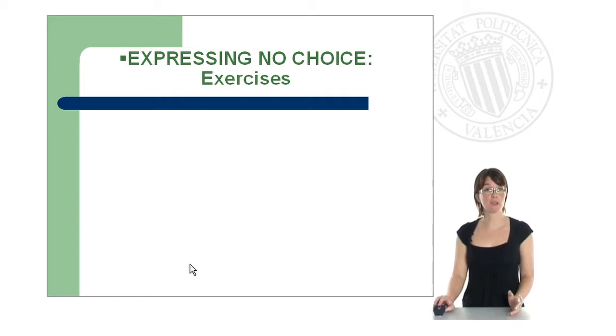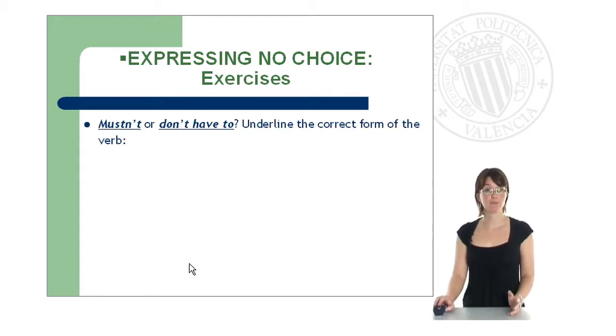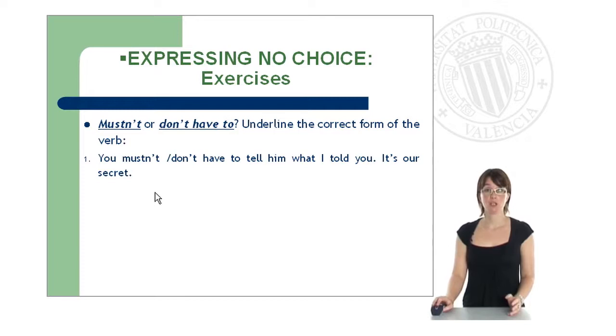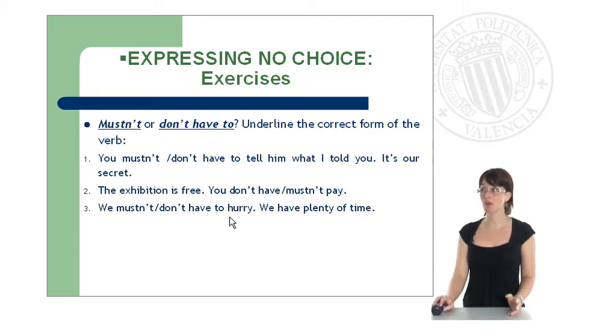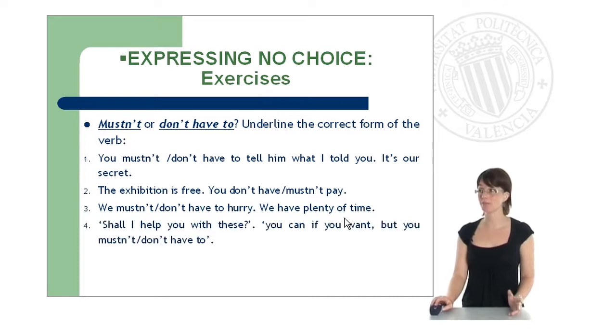Now we're going to have a look at some exercises. Mustn't or don't have to. Underline the correct form of the verb. Number 1. You don't have to tell him what I told you. It's our secret. Number 2. The exhibition is free. You mustn't pay. Number 3. We don't have to hurry. We have plenty of time.